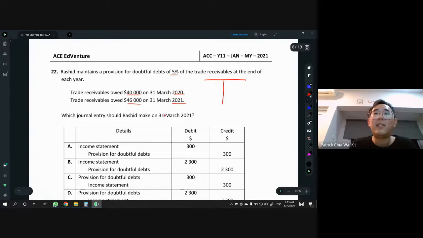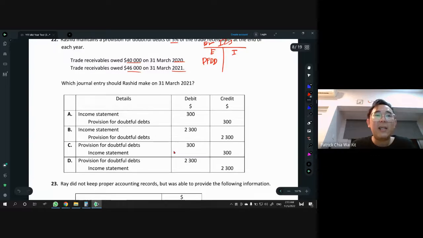Once again, same thing, income statement: left hand side is E, right hand side is I. E is expenses, I is income. So if it's a bad thing, that means it's an expense. That means you need to debit the income statement. Debit income statement always represents an expense. So our answer is either A or B here, because they're asking for the double entry.